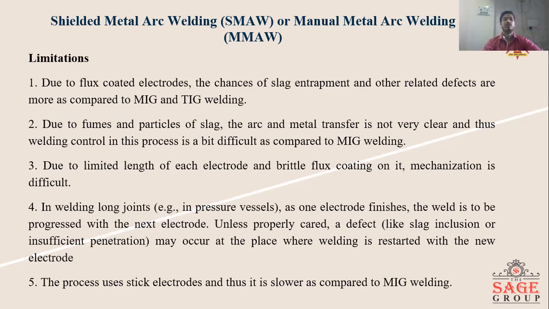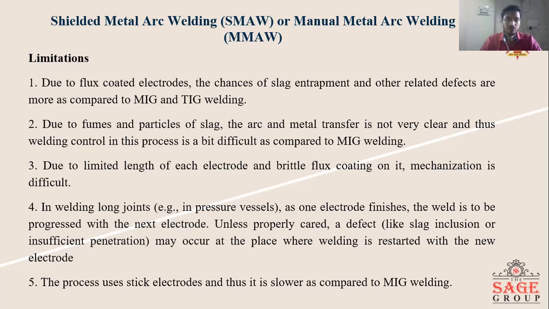Limitations: due to the flux coated electrode, the chance of slag entrapment and other related defects is greater as compared to TIG or MIG welding. Due to fumes and slag particles, the arc and metal transfer are not very clear, and thus welding control in this process is a bit difficult as compared to MIG welding. Due to the limited length of each electrode and the brittle flux coating on it, mechanization is difficult.